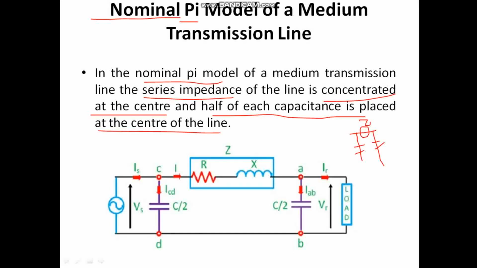Earlier it was total C at the center. Here the total C is divided into two equal halves, C by 2 and C by 2. Vs is your sending end voltage, Is the sending end current, Vr the receiving end voltage, Ir the receiving end current.